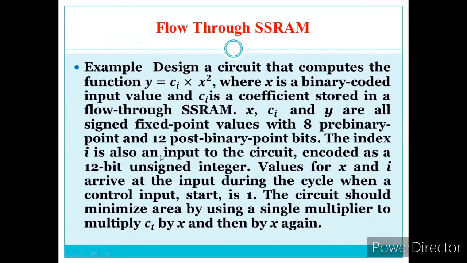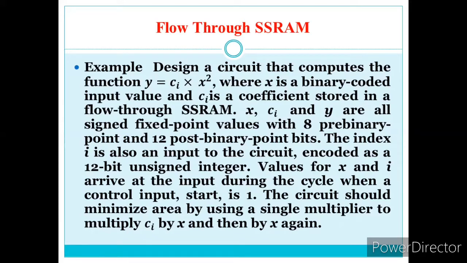The index i is also an input to the circuit, encoded as a 12-bit unsigned integer. The values for x and i arrive at the input during the cycle when a control input start is 1. The circuit should minimize the area by using a single multiplier to multiply ci by x and then by x again. So this is the given question.